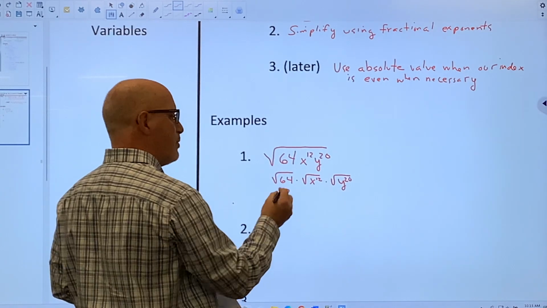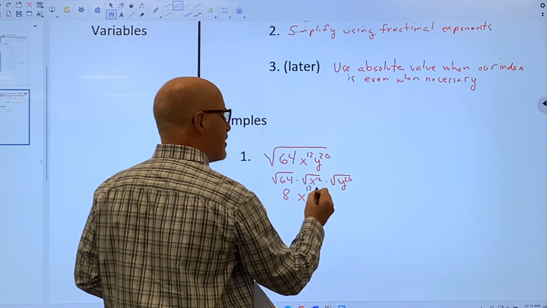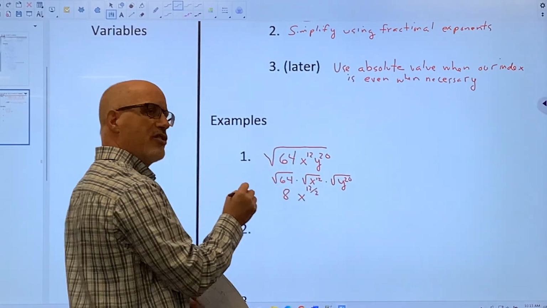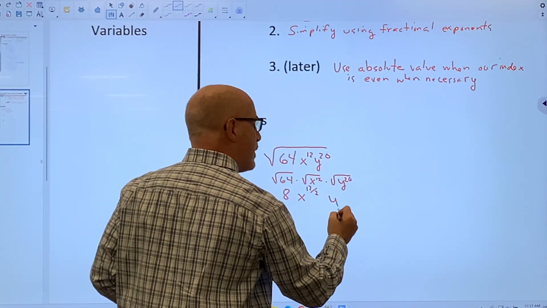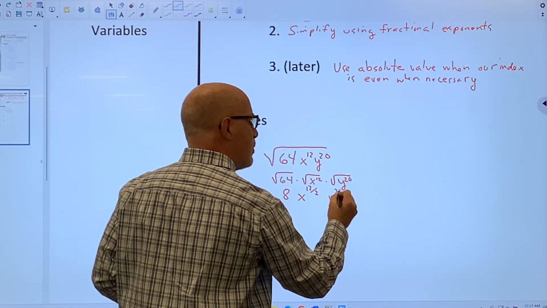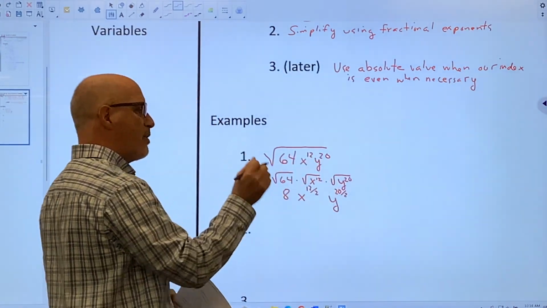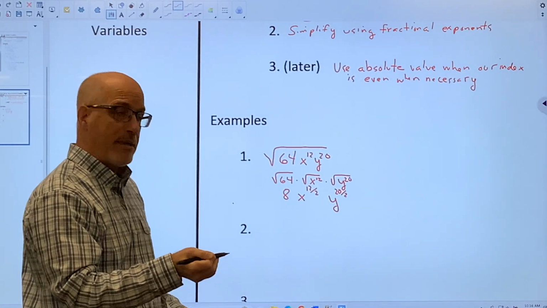It's the principal root. Now this one I'm going to make into an exponent. I'm going to make it 12 over 2, because the exponent is 12 and the index is 2, so you can make it into a fractional exponent. And for this one, it's going to be y to the 20 over 2. Notice 20 is the exponent, 2 is the index. When you make it into a fractional exponent, the index becomes the denominator.